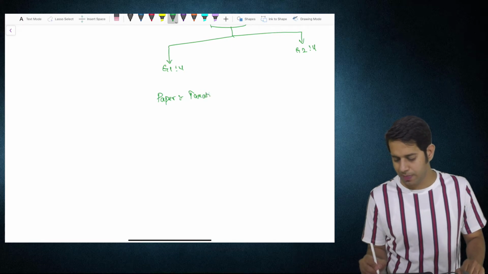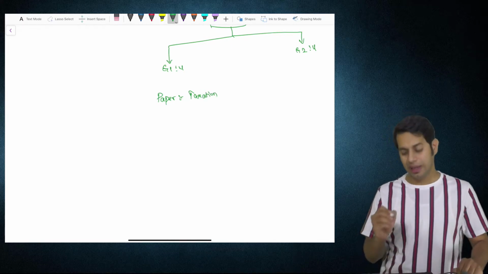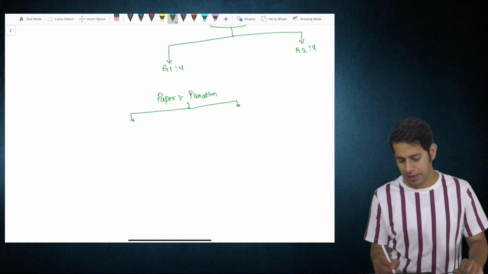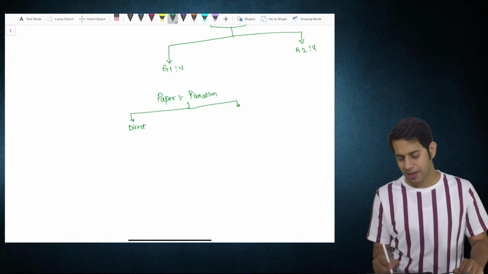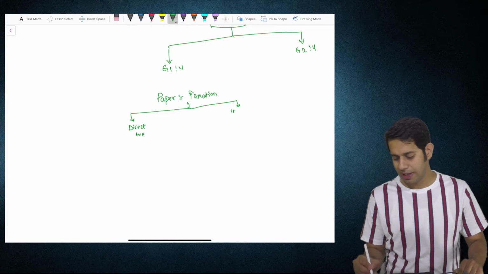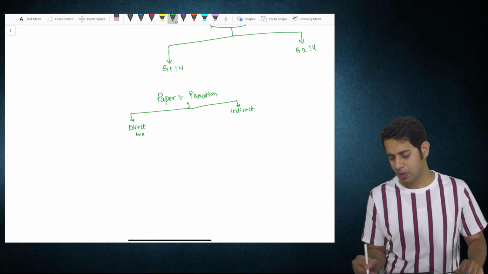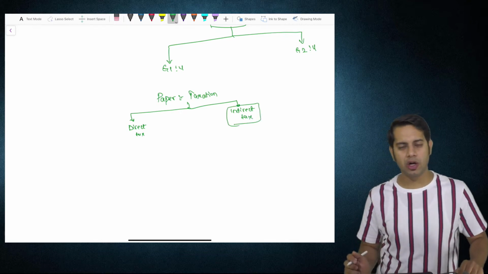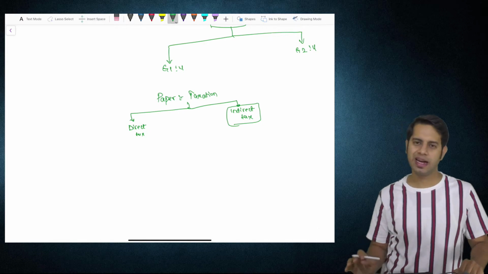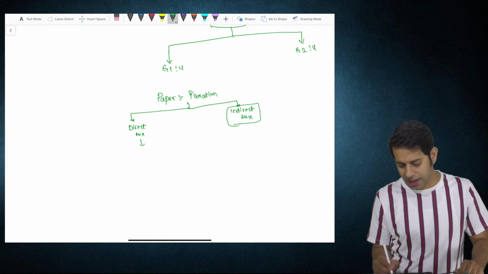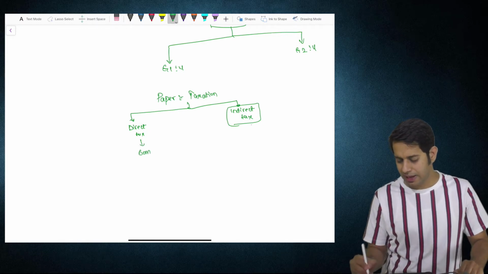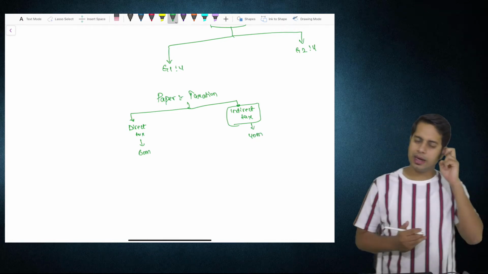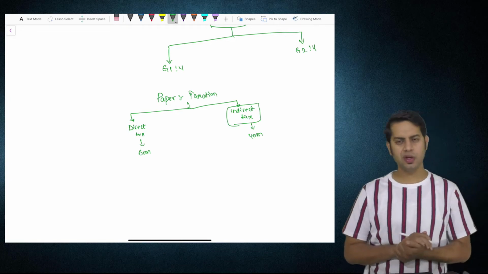In group 1, there is one paper called what, sir? Taxation. The taxation paper is divided into two parts. One is direct tax, and the other part of this taxation is what, sir? Indirect tax. I will be taking care of this indirect tax part of your syllabus. Direct tax consists of 60 marks and indirect taxes consist of 40 marks. I'll be covering the entire indirect tax portion, which is just 40 marks.